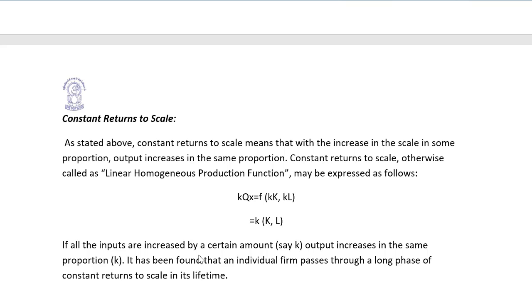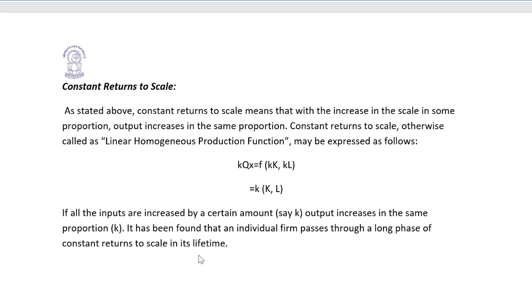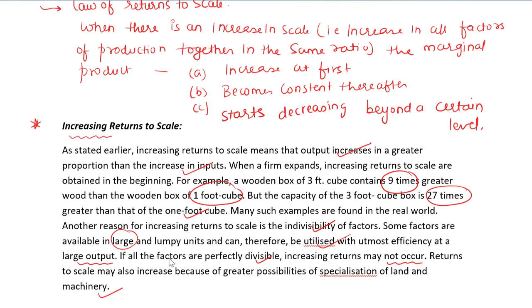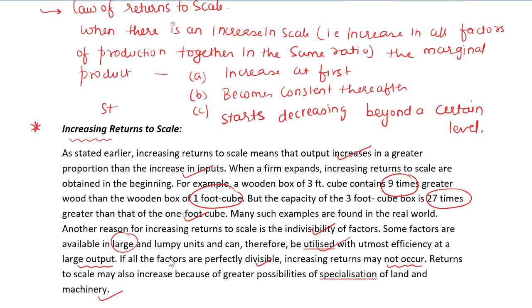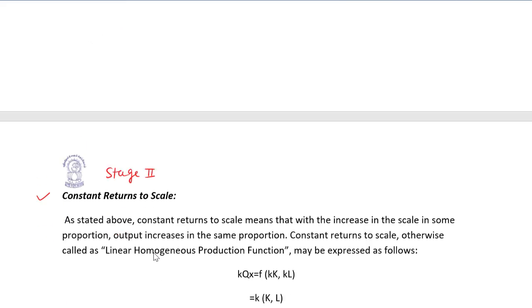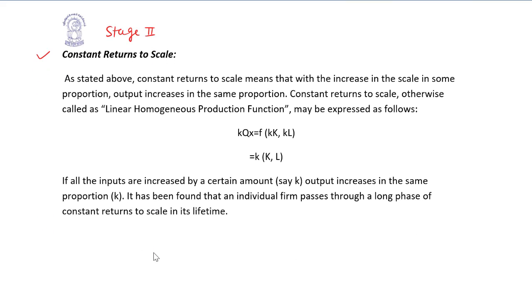Let's see constant returns to scale now. Constant returns to scale, this is stage 2. Increasing returns to scale, this is stage 1. As stated above, constant returns to scale means that with an increase in scale in some proportion, output increases in the same proportion only.